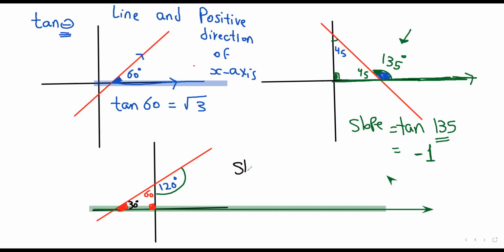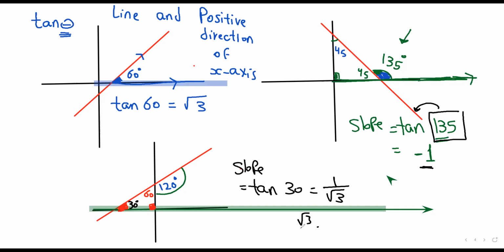So the slope in this case is equal to tan 30. Tan 30 is equal to 1 over root 3. In the example of tan 135, if you click on the calculator you will get negative 1. Sometimes when clicking on the calculator for tan 30 you will get root 3 over 3, but we know it as 1 over root 3.